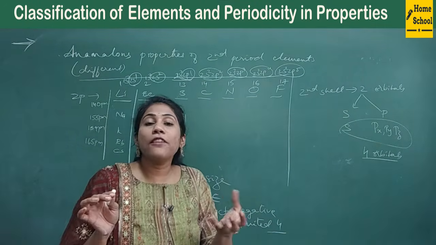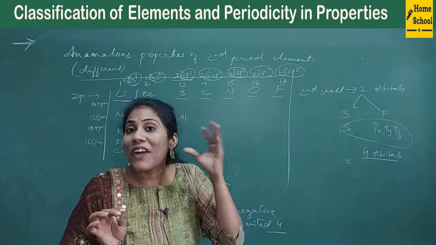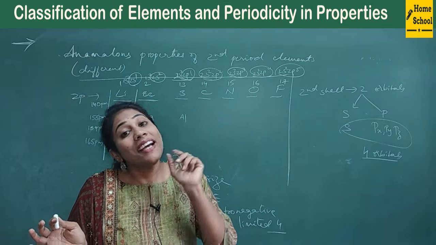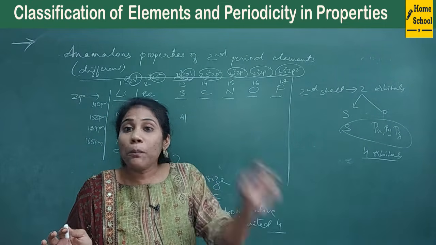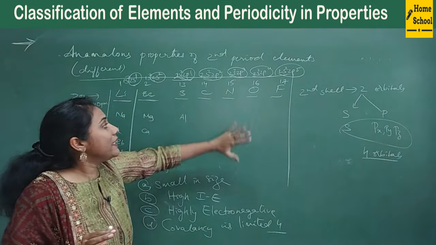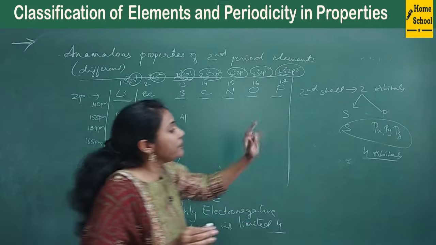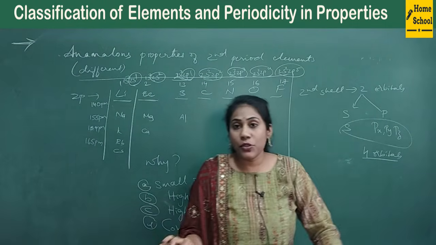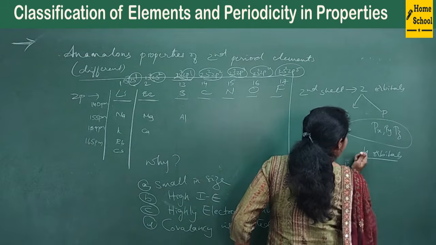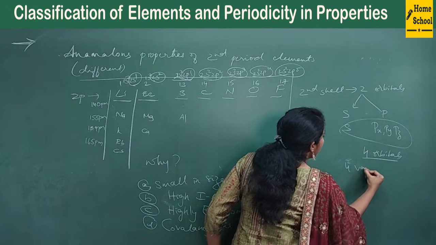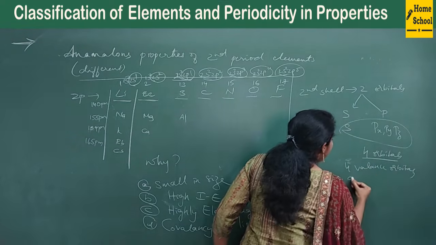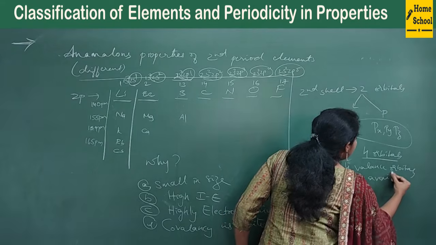Usually chemical bonds are formed by overlapping of valence orbitals. However many valence orbitals are there, that many bonds can possibly be formed. So if they participate in chemical bonding, they can form a maximum of 4 bonds only, because only 4 valence orbitals are available for bonding, right?